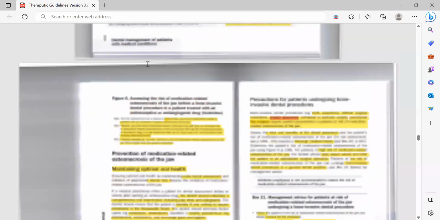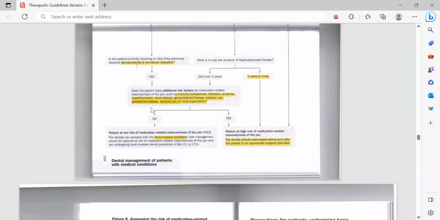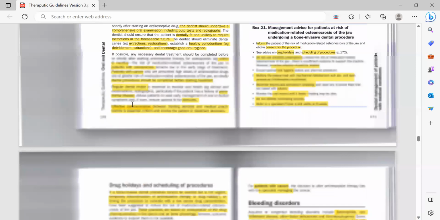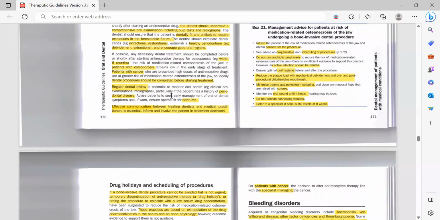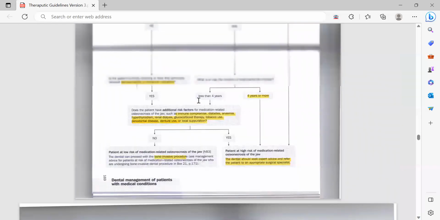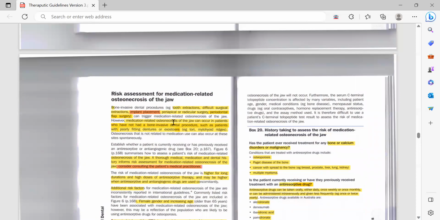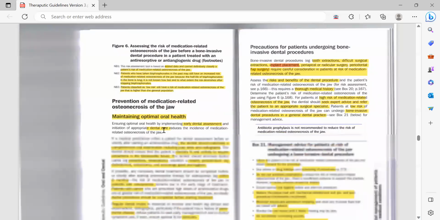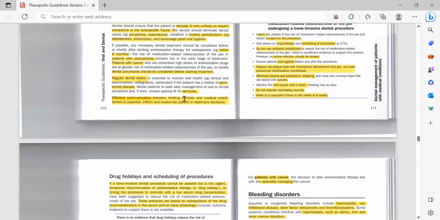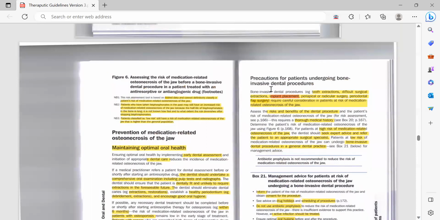Okay, because we read here that periodontal disease is also one of the risk factors, so you need to do the regular checkups and cleans, and advise the patient to seek early management of oral or dental related symptoms, and ensure optimal fit of denture, because we read here if the denture is not fitting properly, then it could lead to MRONJ. Okay, then effective communication between the treating dentist and the medical practitioner is essential. Inform and involve the patient in treatment decisions.